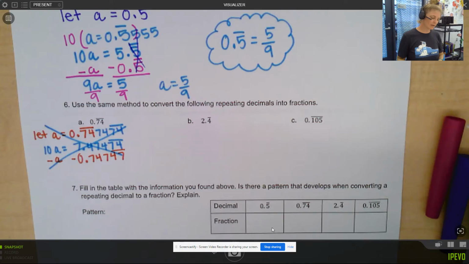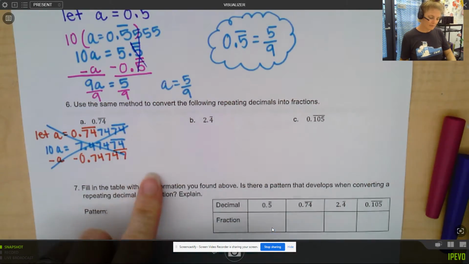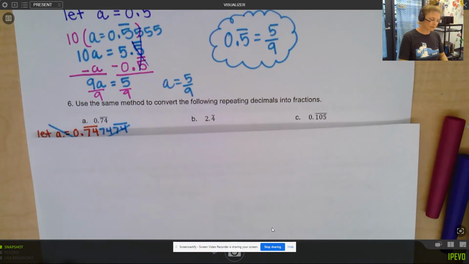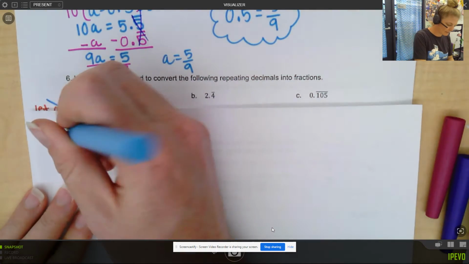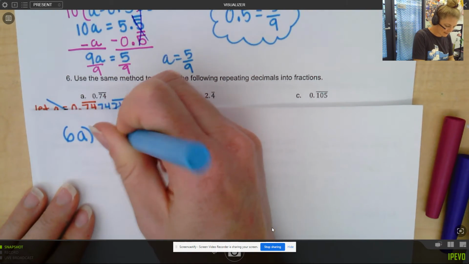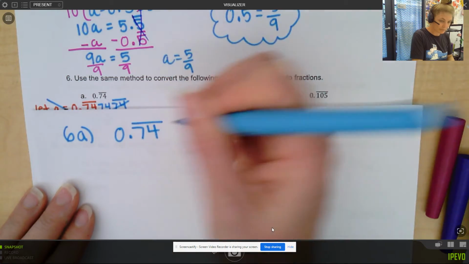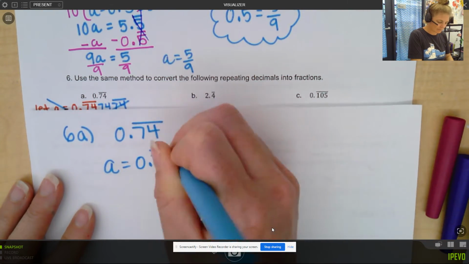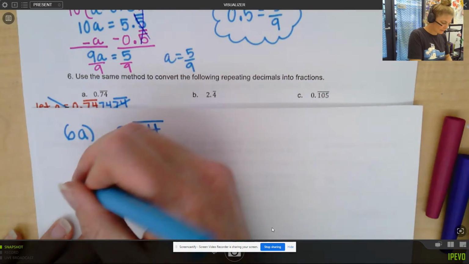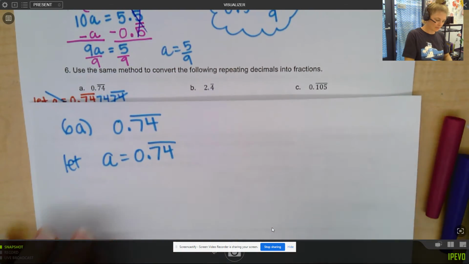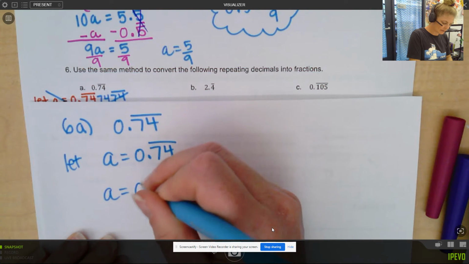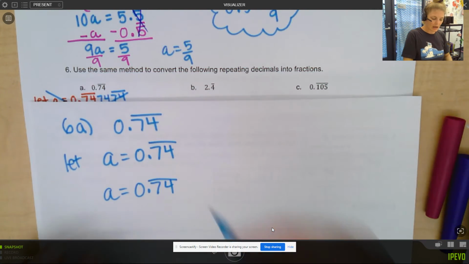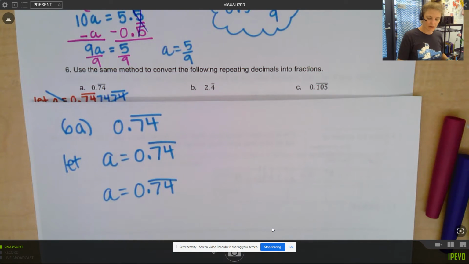So maybe grab another piece of paper, or you can fit it right here. I have to write a little bit bigger so you can see. So I'm going to grab another piece of paper. I'm just going to label it 6a, 0.74 repeating. So I'm going to let a equal 0.74 repeating. So now if a is equal to 0.74 repeating, I know I can't multiply by 10. We are in the decimal system, so every decimal place is a base 10.